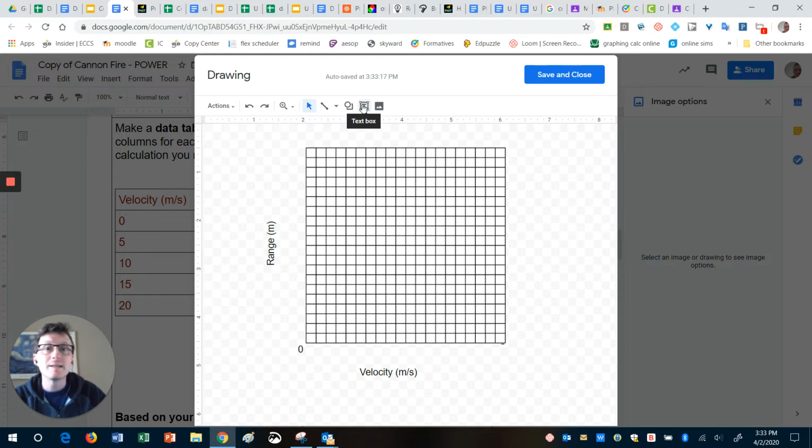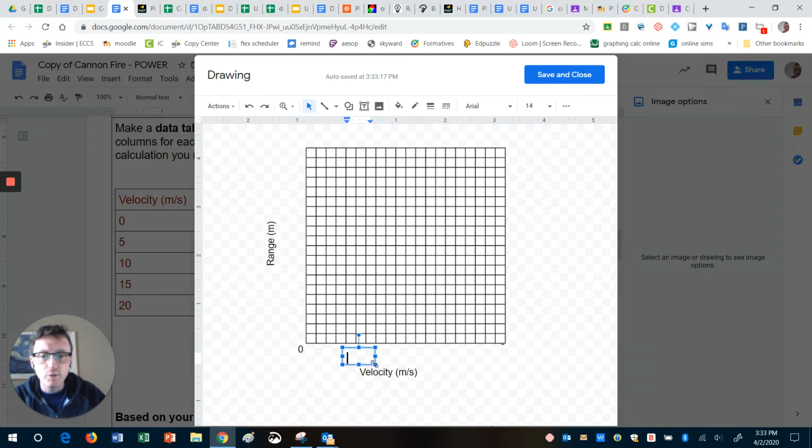You do not need to number every box. All you need is enough numbers so you know how much each box is increasing by. I'm going to put 5 on the 5th box, which is nice because it's also how much I went up by each time. Then on the 10th box, that's going to be 10 meters per second.